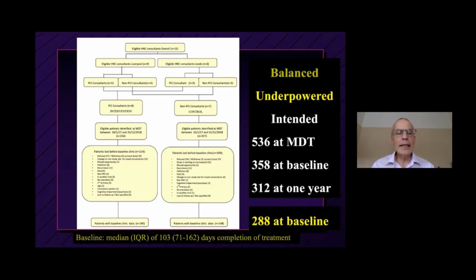So at the baseline clinic, which on average was about 103 days following completion of treatment, that's the first clinic consultation, and then the PCI would be used or not used in the subsequent consultations over that year.